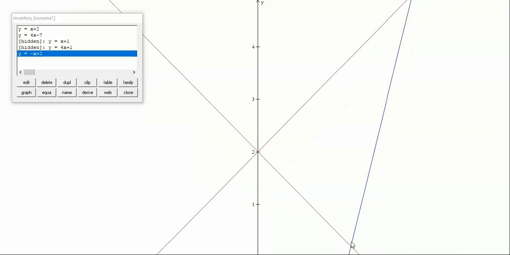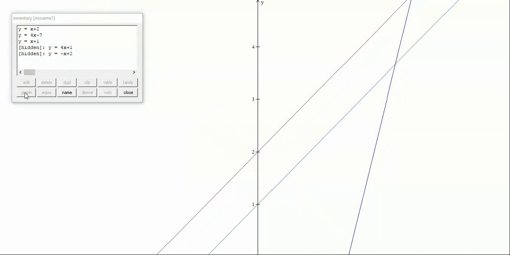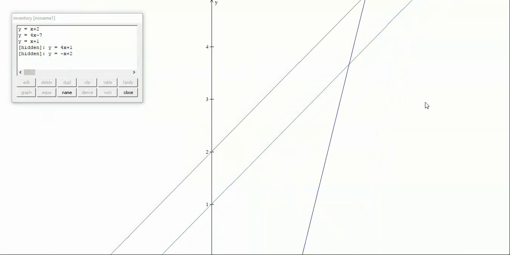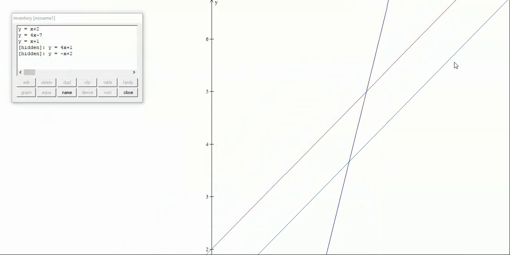But suppose we didn't do that. Suppose we drew in one of our lines that we decided was parallel. Boom, there it is. See what happens here? We take off to infinity in either direction. These lines are never going to cross.